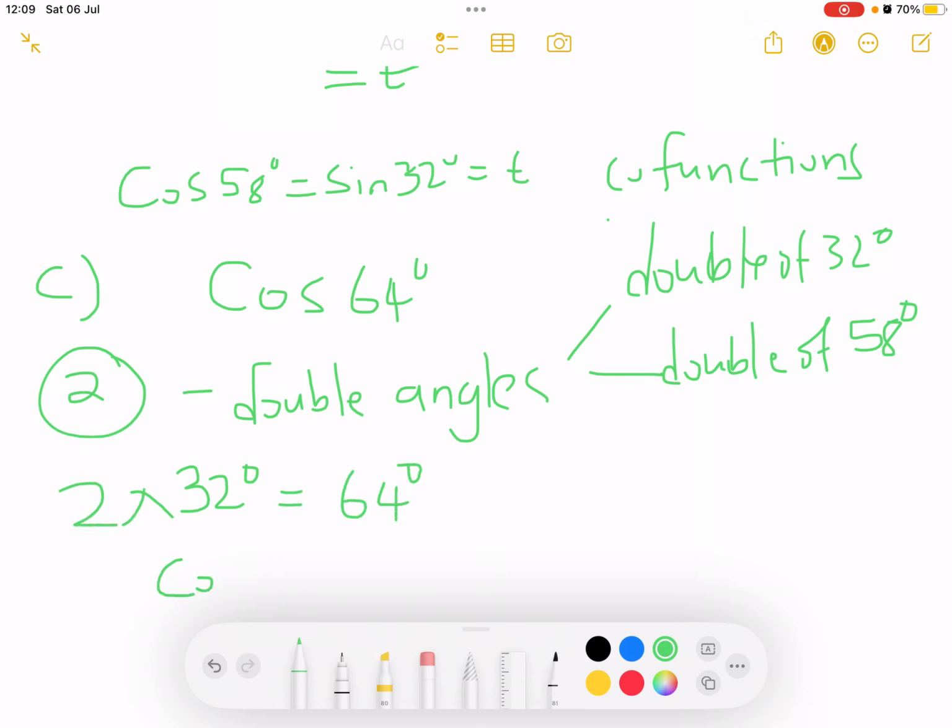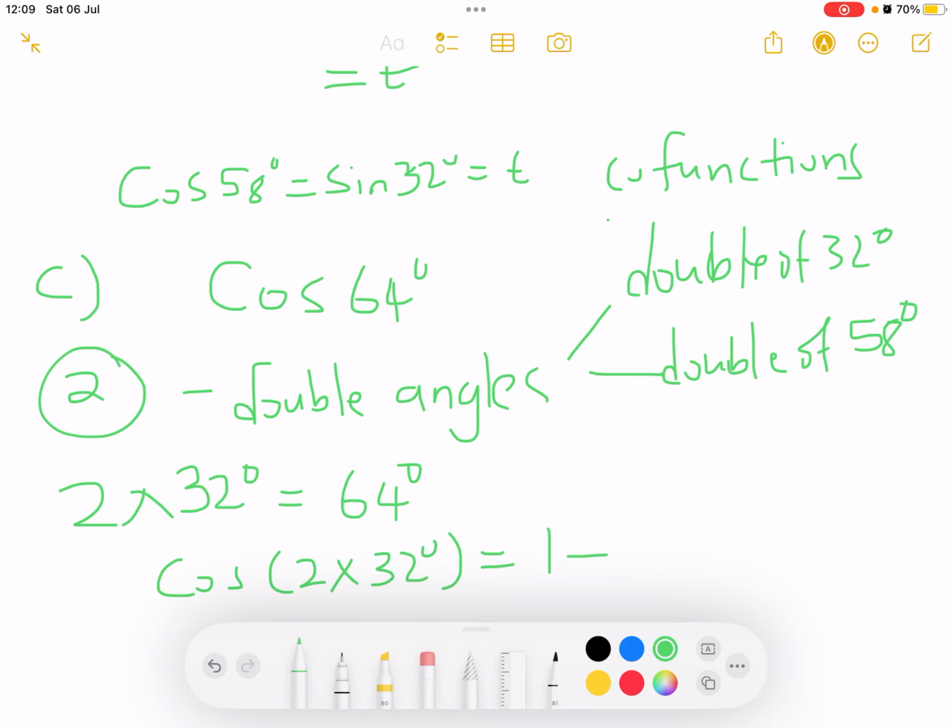So this means cos of 2 times 32 degrees will give us a double angle. So now it's advisable to use the double angle identity that includes sin of an angle, because that one was given to us. We did not derive it. So it's wise to use that double angle.